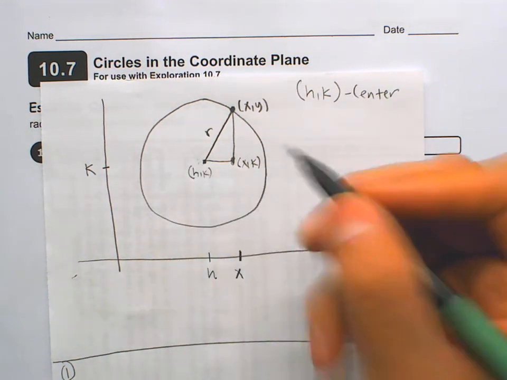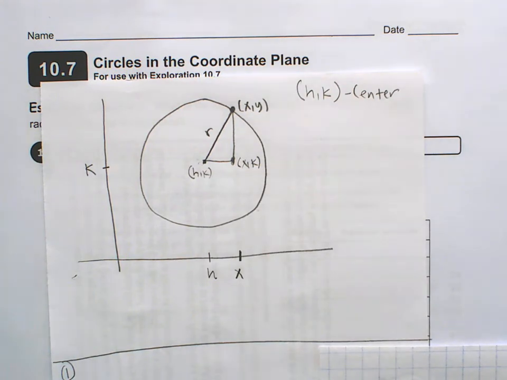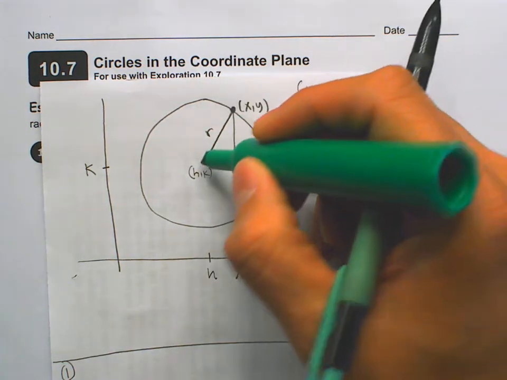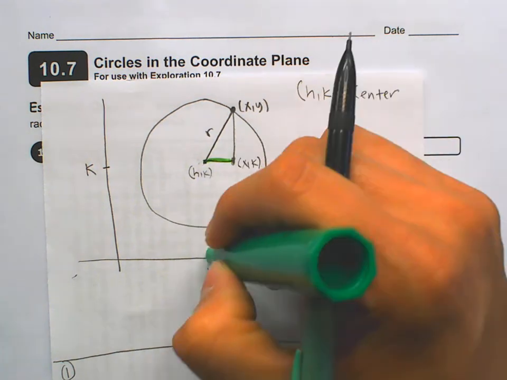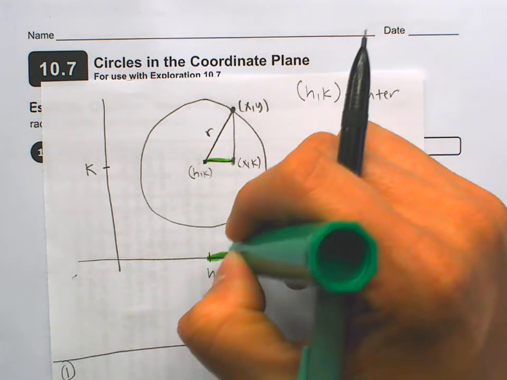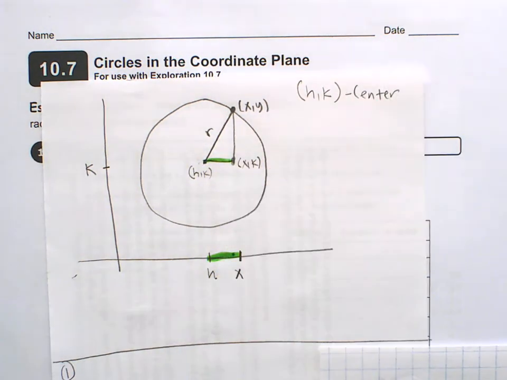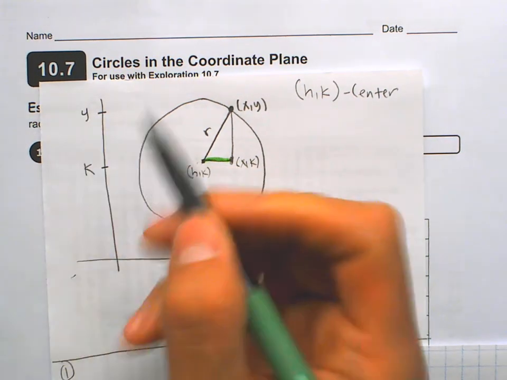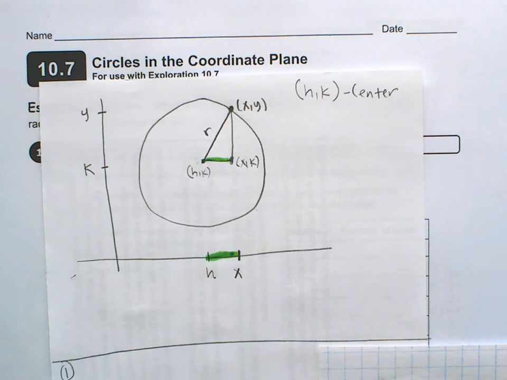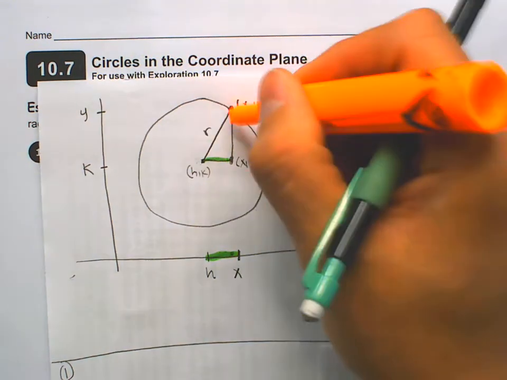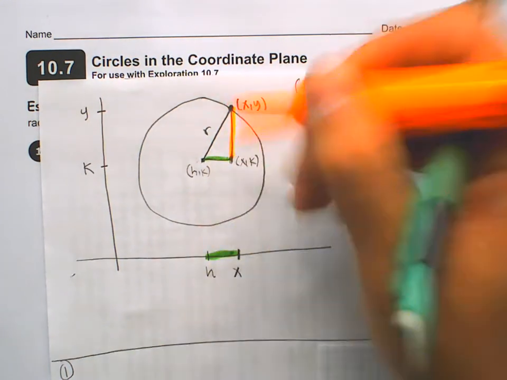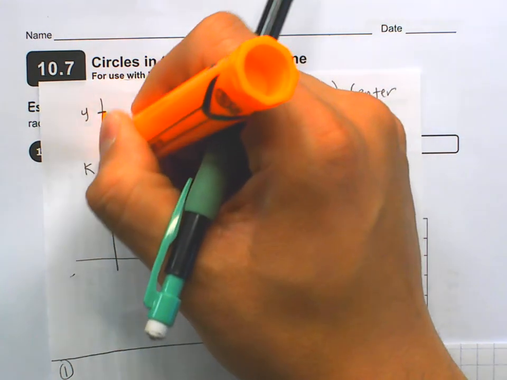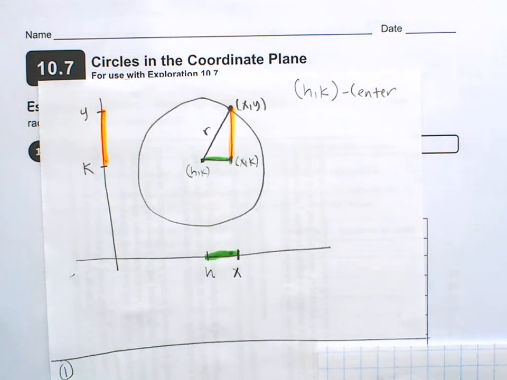All right, so I want to focus on two things. I want to focus on this distance right here being equal to this distance right there. And this point right here is going to be my y value. So I want to focus on this vertical distance right there, which happens to be the same as this distance right there. But what exactly are those two distances?